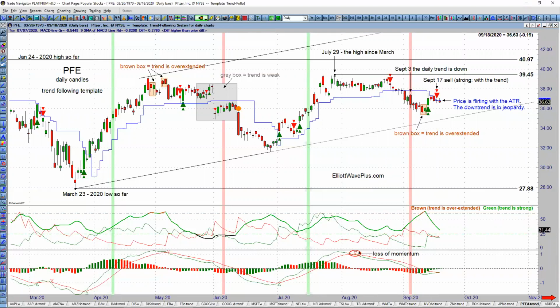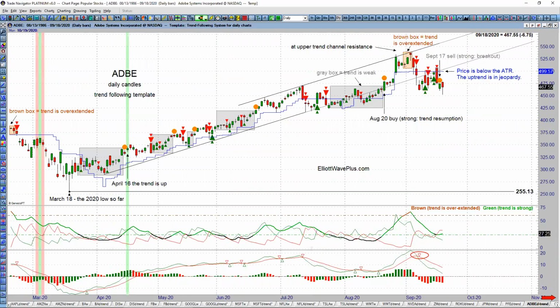So it kind of makes sense that there hasn't been much action, bullish action, in my opinion, in JP Morgan.